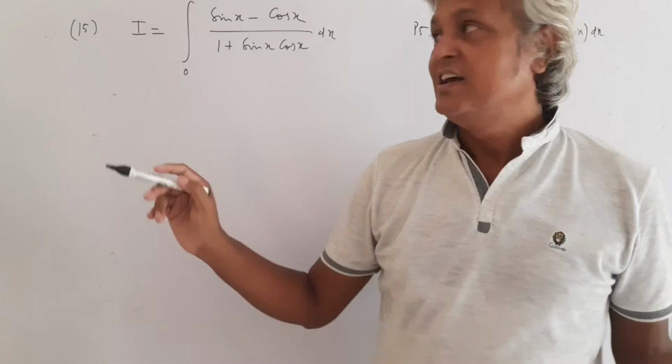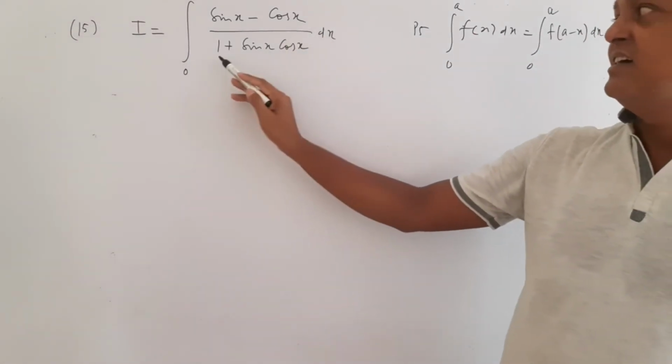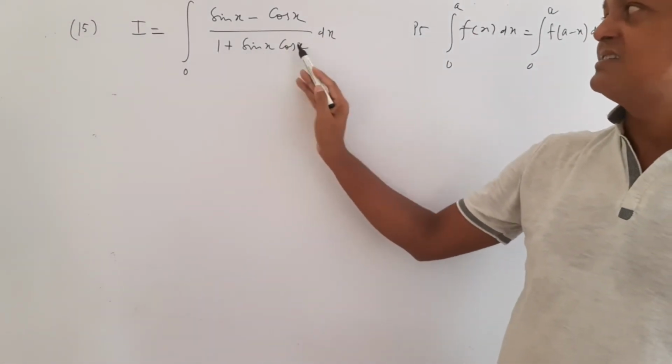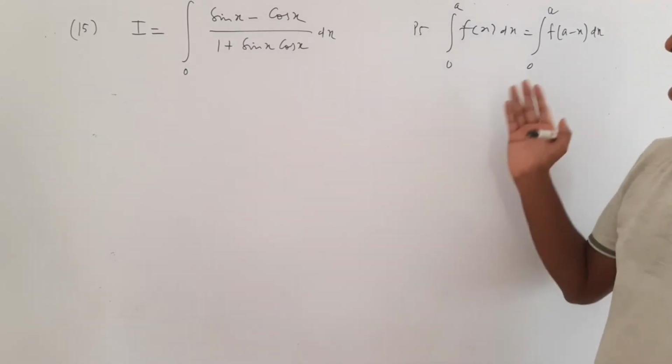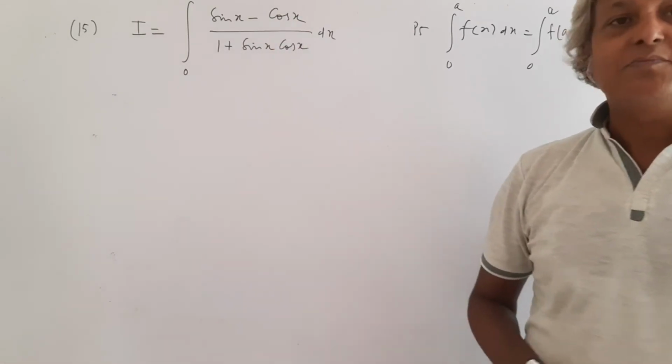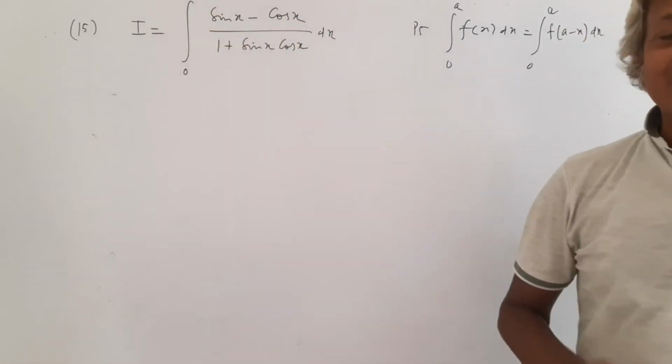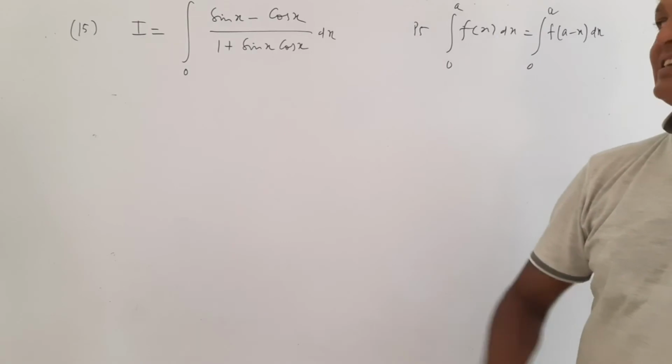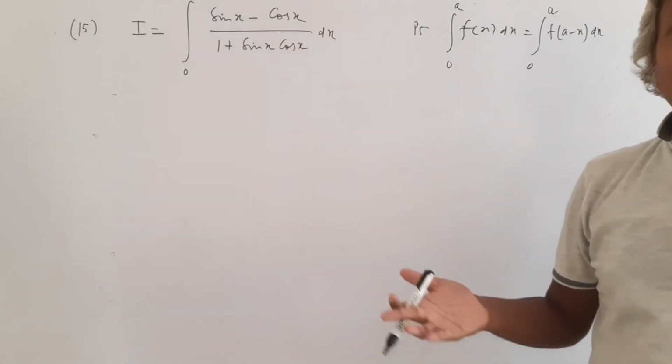This is cos. Cos of 90 minus this is sine. This is 1 plus cos sine. So the denominator will remain the same when you use this property, and the numerator becomes cos x minus sin x. Just the negative of itself, meaning I becomes negative I. How? Let me do it now.